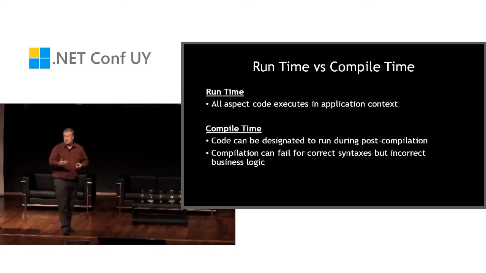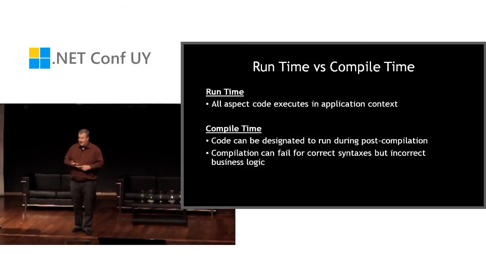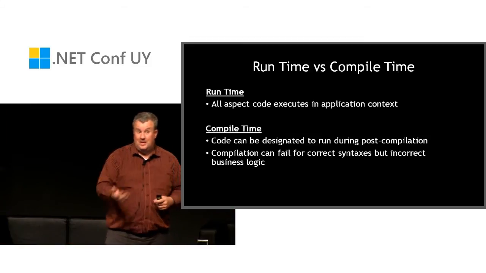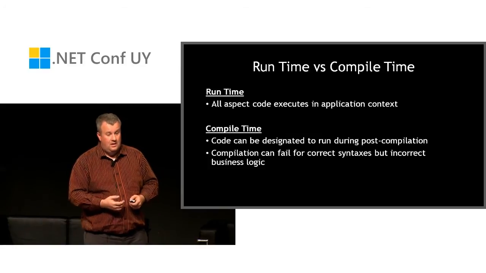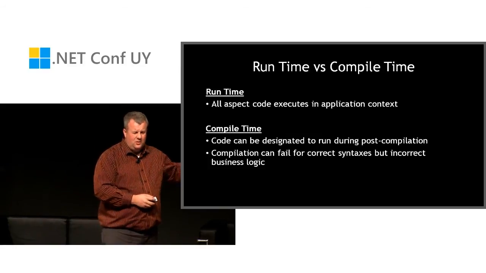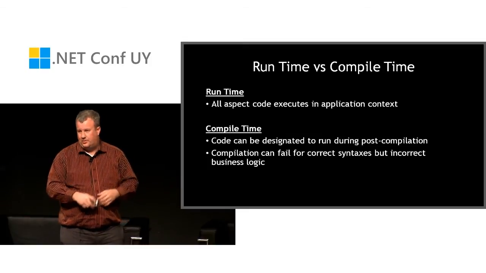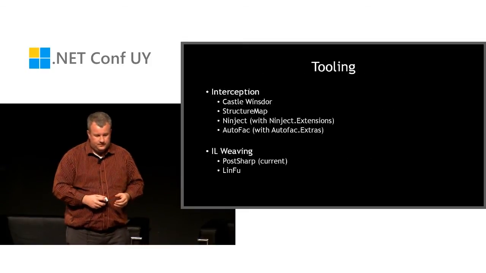So the debugging story is really good with it usually. The compile time execution is when you're doing things like validation. You can fail if an aspect is attempting to be added to something it shouldn't be added to and things like that. Compile time's the rarer thing I see people doing. They usually have some other process or they don't care about the process.